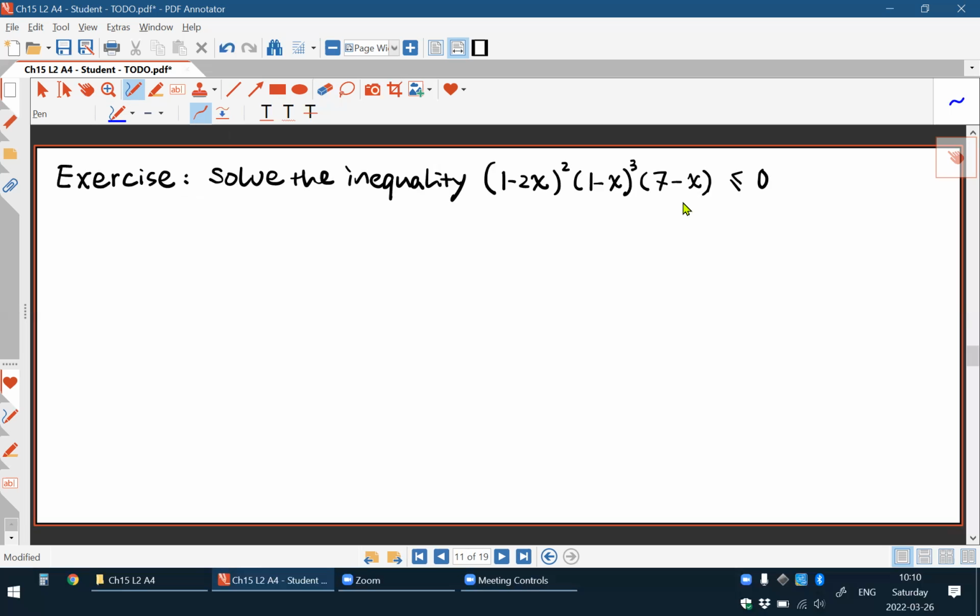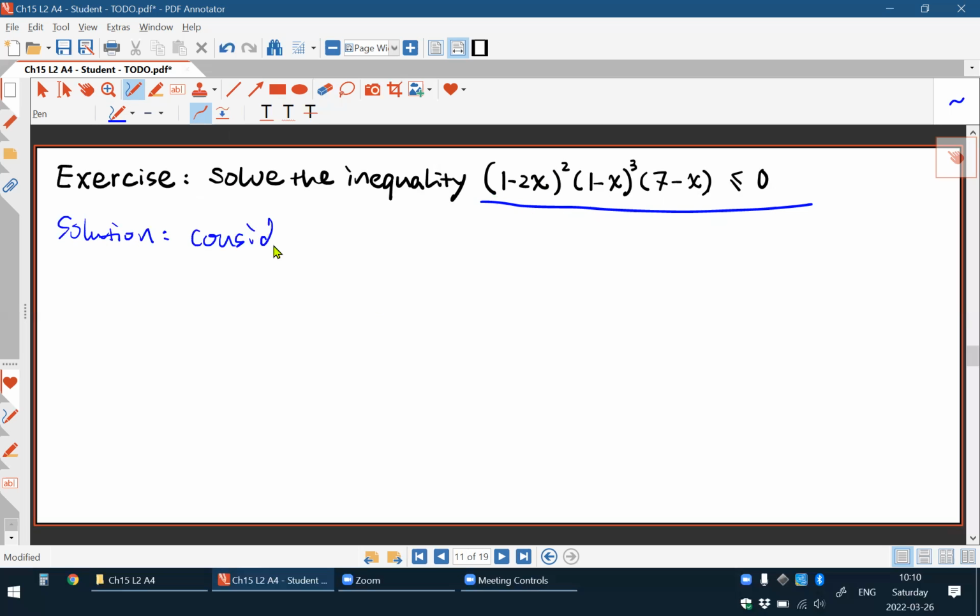All right, this time again, if we move everything to the left, then the right side is a 0. So we have already converted the inequality into the general form. And the left side is a product of several binomials, right? A product of several binomials is a polynomial function. So we can consider the function on the left.